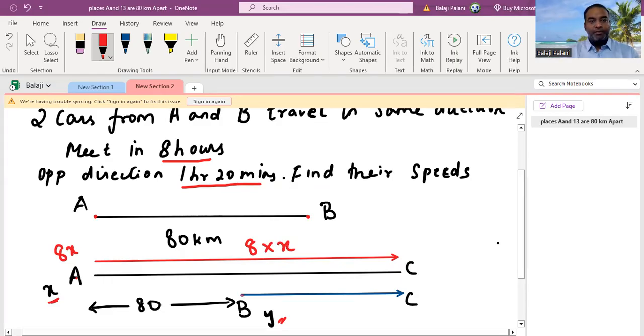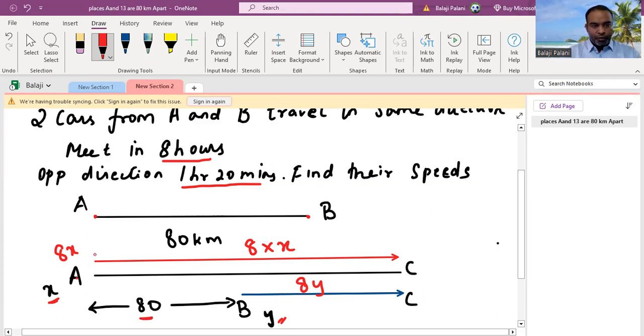Similarly, the distance traveled from B to the point C is 8y because he also travels for the same 8 hours, and point C is the place where they meet after 8 hours. So what equation do we get from this? The only data that we know is the distance between the 2 points is 80 kilometers.